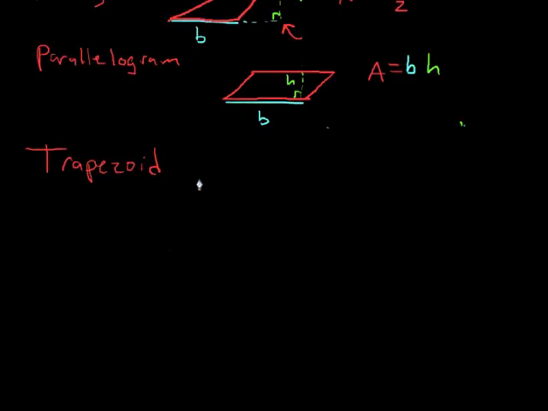So a trapezoid has a top base and a bottom base, and these two are going to be parallel. So let me mark them, and let me label them: base 1 and base 2. And we also have these two sides, which aren't necessarily congruent.